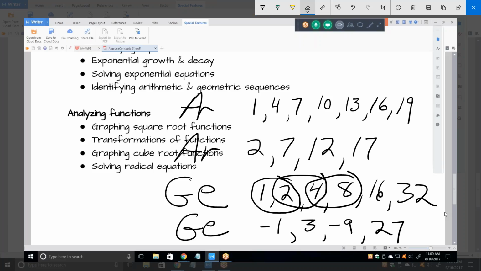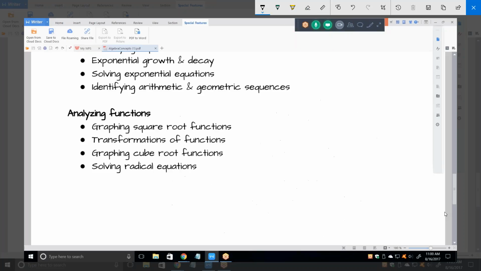Perfect. That's all we need to talk about with that. There's some formulas that go with each of those, but it doesn't say learn it, it just says identify it. So I think if I laid out a bunch of sequences, I think you would be able to tell which ones were arithmetic and which ones are geometric. Agreed? Yeah. Okay.